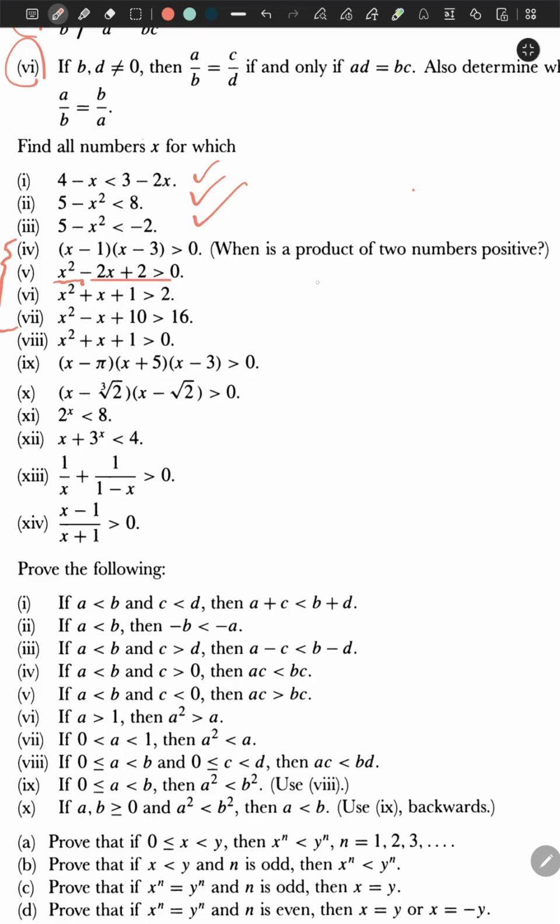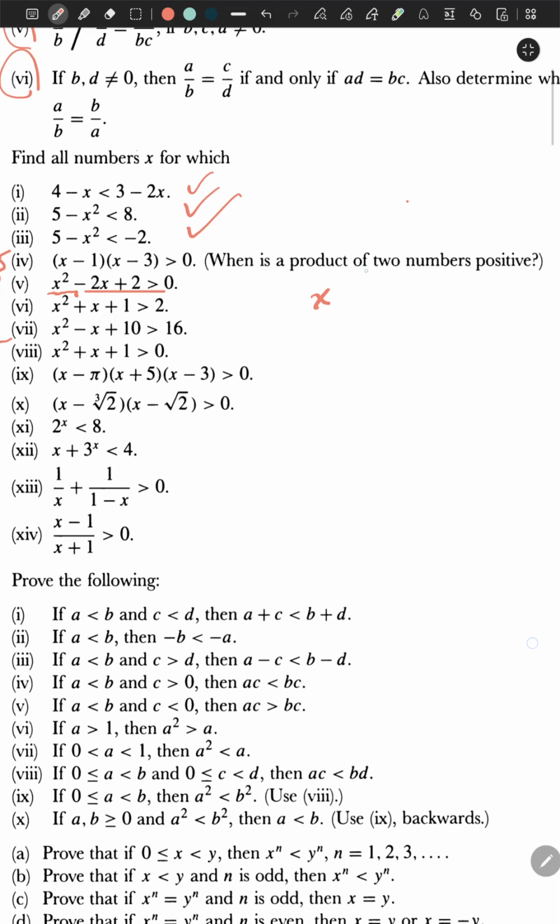First of all, x times (x − 2) is greater than 0.